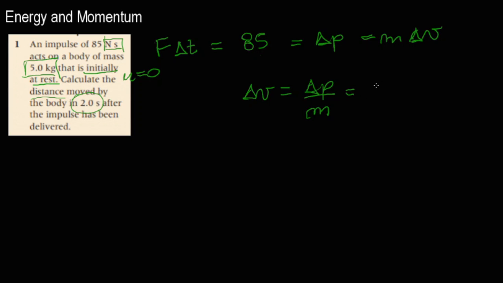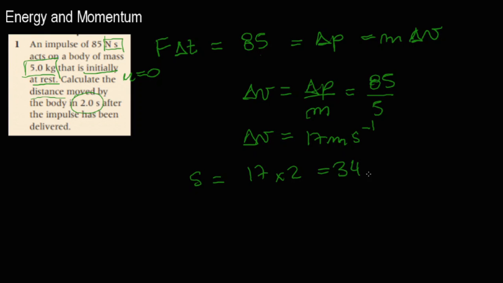So our impulse or change in momentum is 85 newton seconds, and our mass is 5 kilograms. So the change in velocity here is 85 divided by 5, which is 17 meters per second. So if our object was moving at 17 meters per second for 2 seconds, then our displacement will be 17 times 2, which is 34 meters.